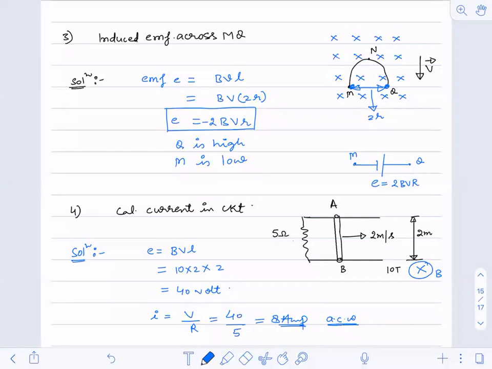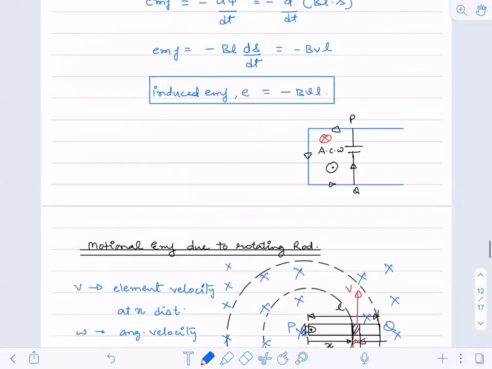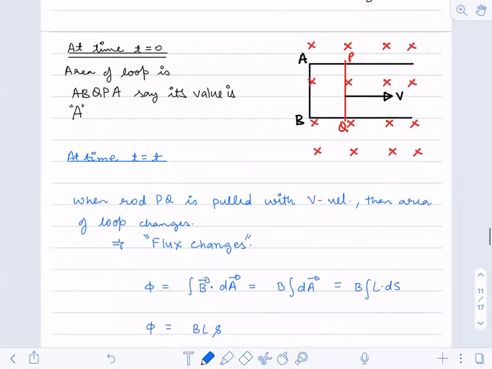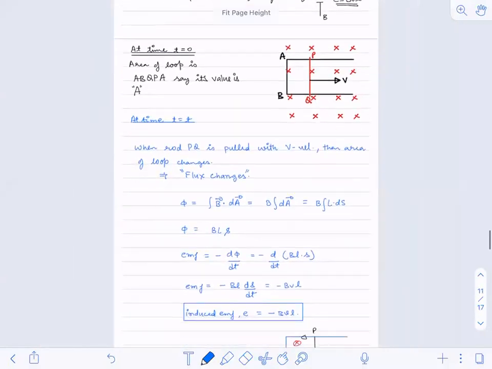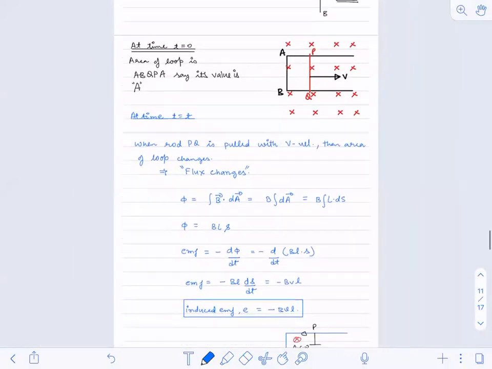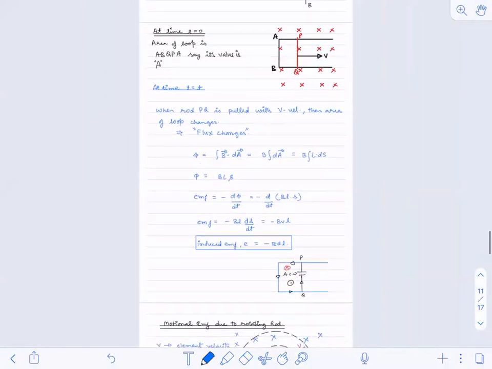Better, using the right hand thumb rule, you first find out which one is the higher potential end and you just assume a battery over there and then you can start a current from there. That is the best thing to do. How is the current clockwise? Did you understand this concept? This one over here.